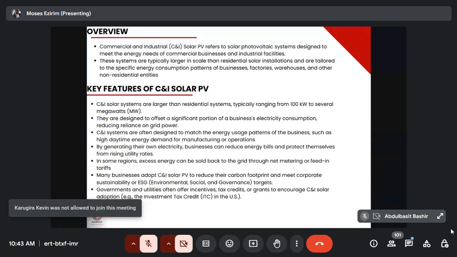Every business wants to reduce their electricity bill. Every business wants to reduce their carbon footprint. Every business wants to adapt to the ESG goal. So that is just the goal now, and that is why it is very easy now for every business to have solar. Also, you can't compare the cost of solar back then to now.